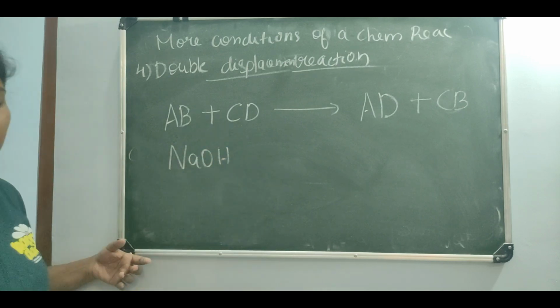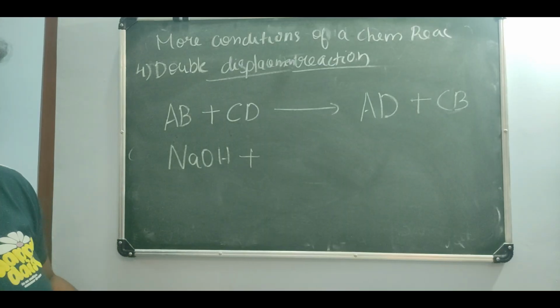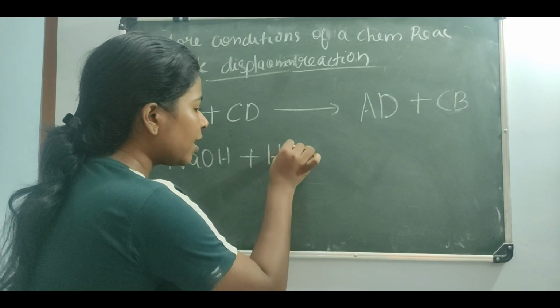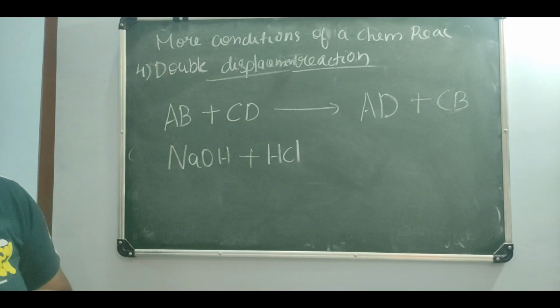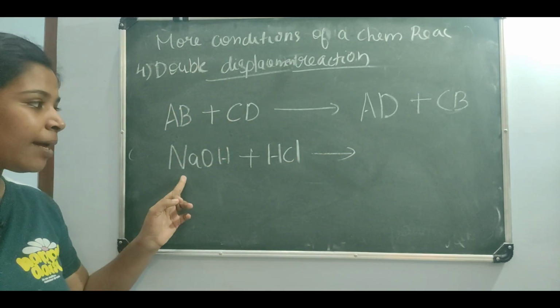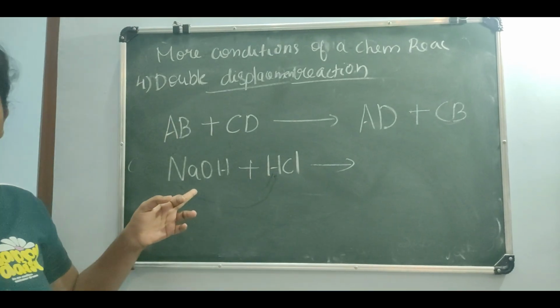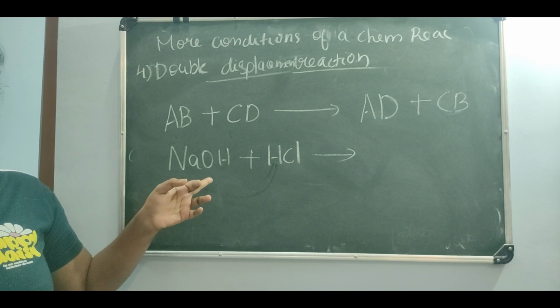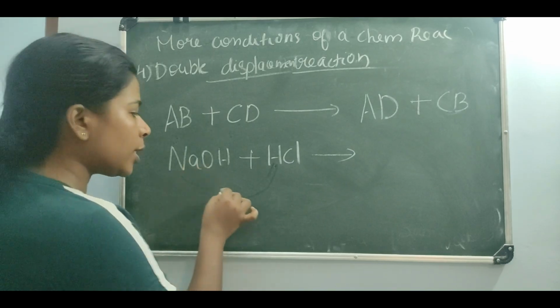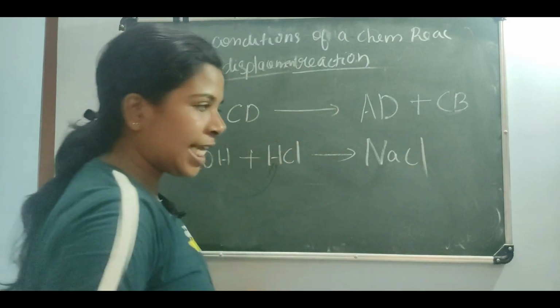Okay, example, NaOH, sodium hydroxide, is combining with hydrochloric acid, HCl. Here what happens? Sodium will come in the position of hydrogen and hydrogen will combine with OH ion. So, Na is combining with Cl, NaCl.